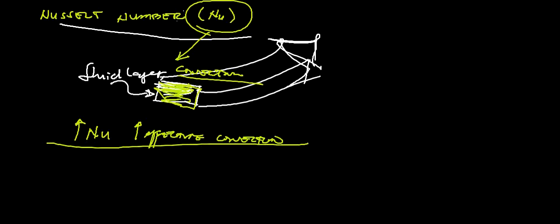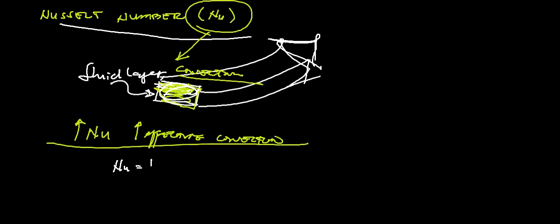Now if we have a Nusselt number equal to 1, since this is only convection relative to conduction, if this is equal to 1, it only means that this fluid layer represents heat transfer across the layer by pure conduction, right?